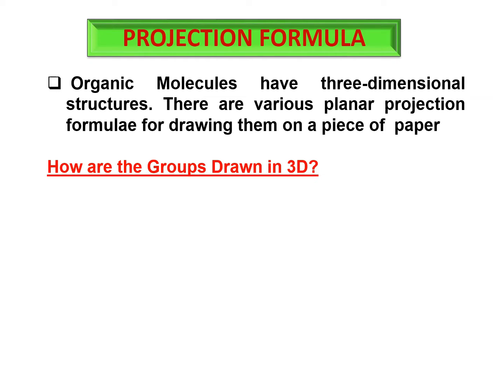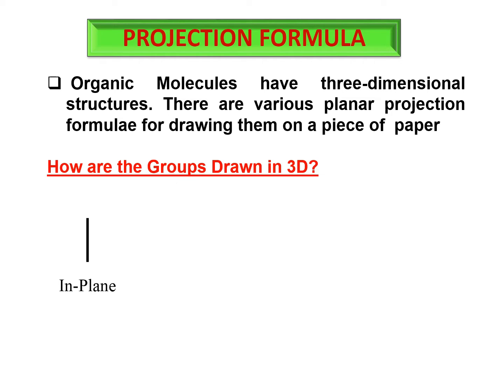But because you're dealing with a two-dimensional screen or paper, you cannot show a three-dimensional structure on a 2D paper. So to actually show it, you need to have certain notations or drawings or projections, and that is how we do it in organic chemistry. You will find these projections or drawings in different books, and if you don't know what they mean, I'll tell you today.